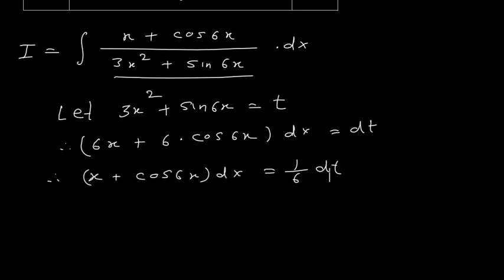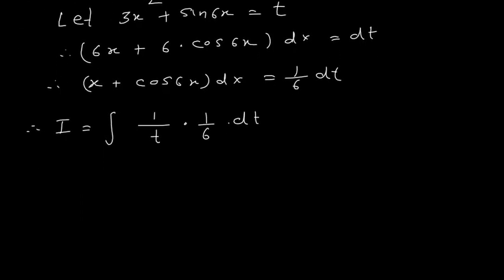So you will say that therefore your integration I is equal to the integration of 1 upon t into 1 upon 6 into dt. So it is 1 upon 6 and this is log of t plus c.